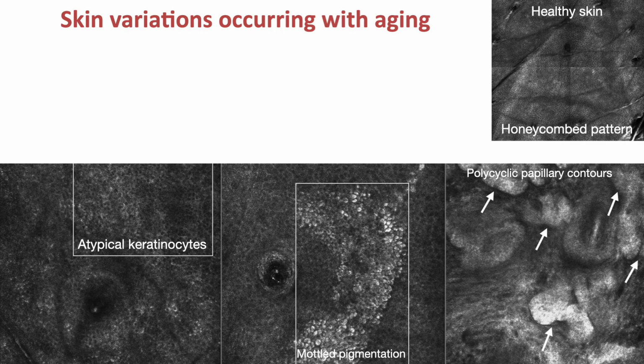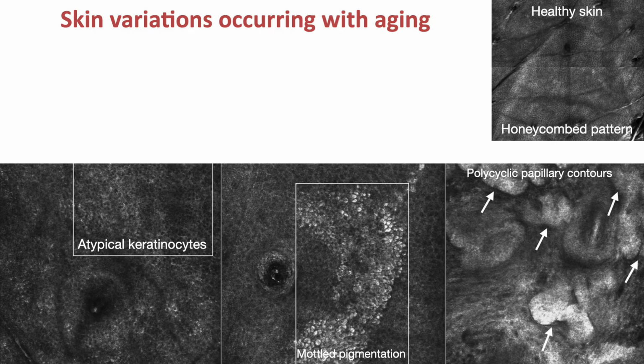So to understand the variations of the skin occurring with aging, we should start with what's normal, right? So in the healthy skin, at the epidermal level, we can usually observe the presence of the honeycomb pattern, that is called like that just because it resembles a honeycomb.